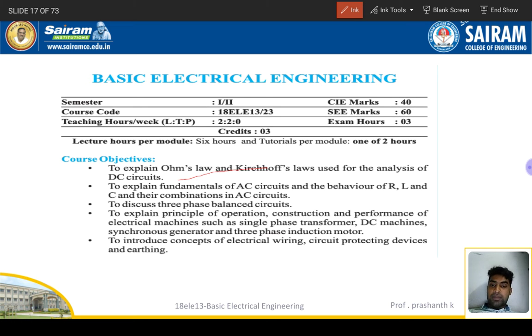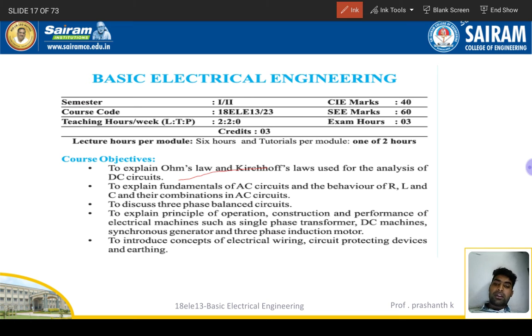Next, to explain fundamentals of AC circuits, the behavior of R, L and C combinations in AC circuits. In this topic, we are going to discuss how the resistance behaves when a supply is given, and the capacitor and inductor also.